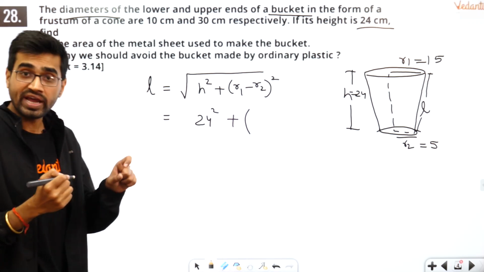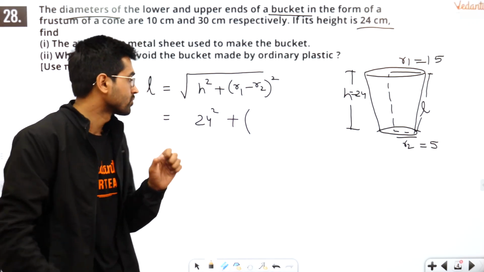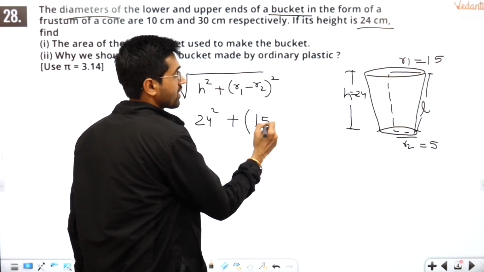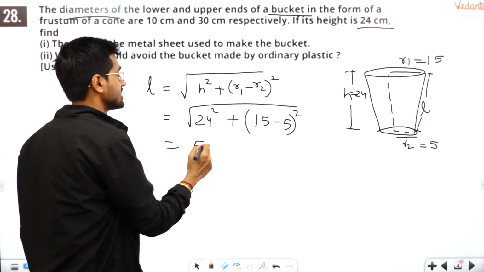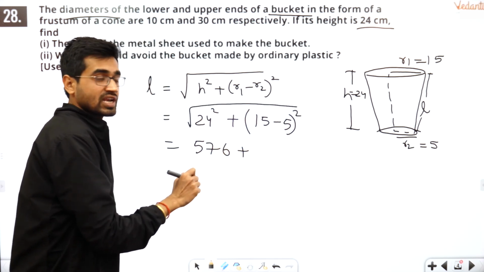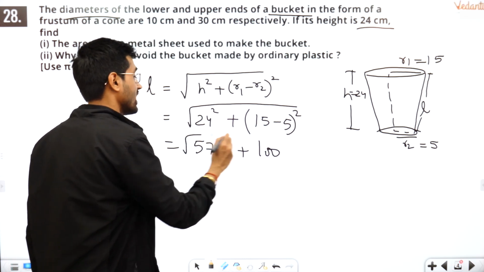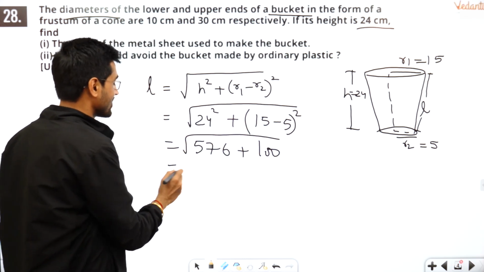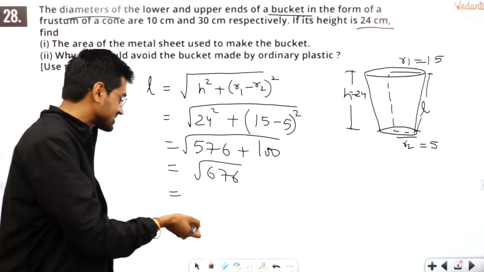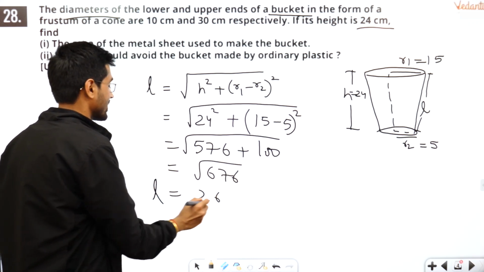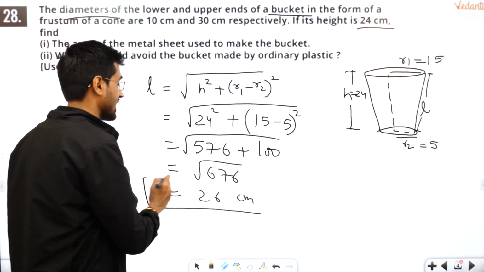Every unit you should check, centimeter is there, so it's okay. So you will have 15 minus 5 whole square under the root. I hope you are familiar with this kind of expression now. 10 square is 100. So this is root 676, which is 26. So we got L.